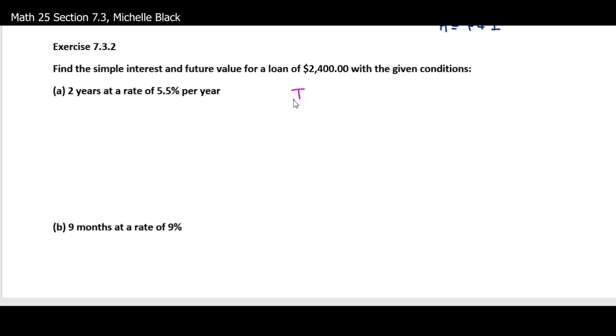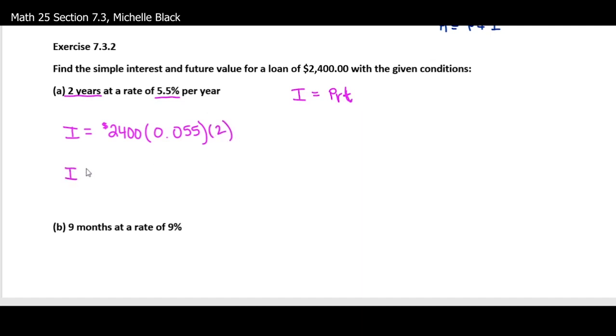Okay, well, the simple interest formula is I equals PRT, and we're trying to find I. So I have I equals my principal, which is $2,400, times my rate, but I need to write this as a decimal, so we've learned how to do this. That's 0.055, times my time. And remember, time has to be in years, and this is given to us in years, so times 2.